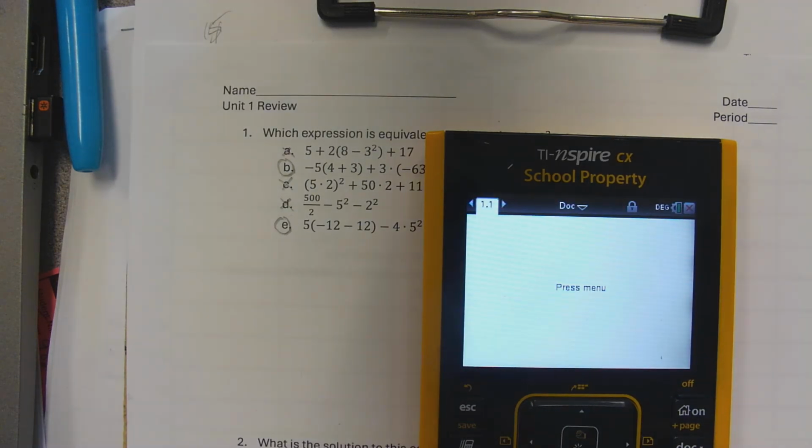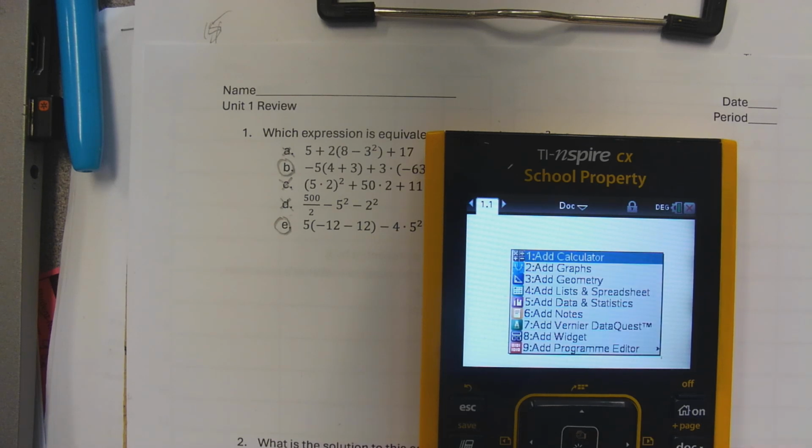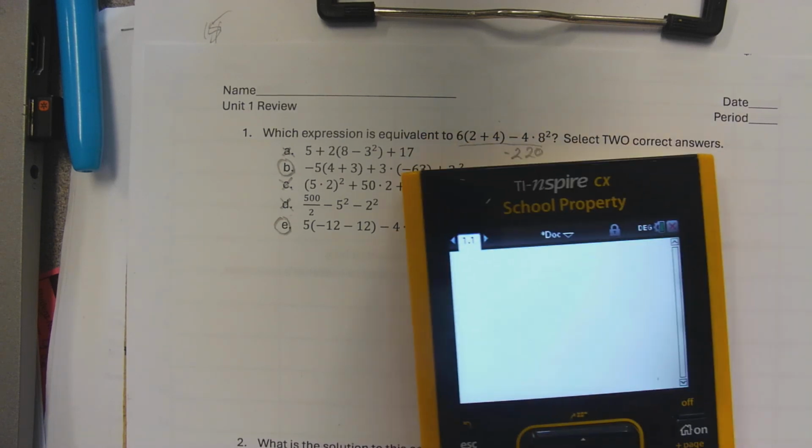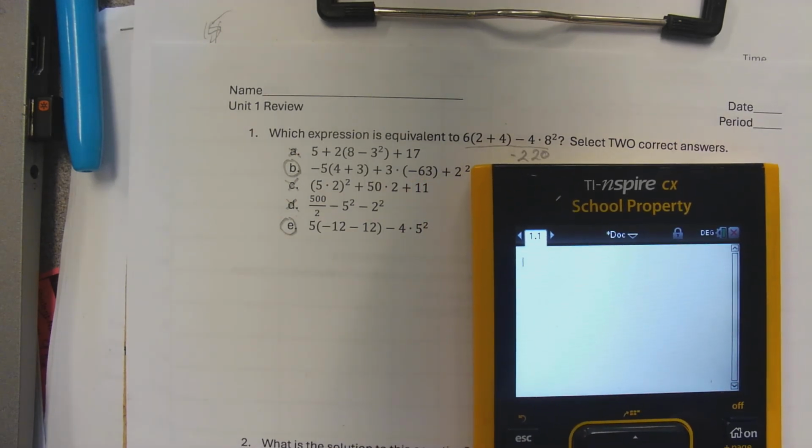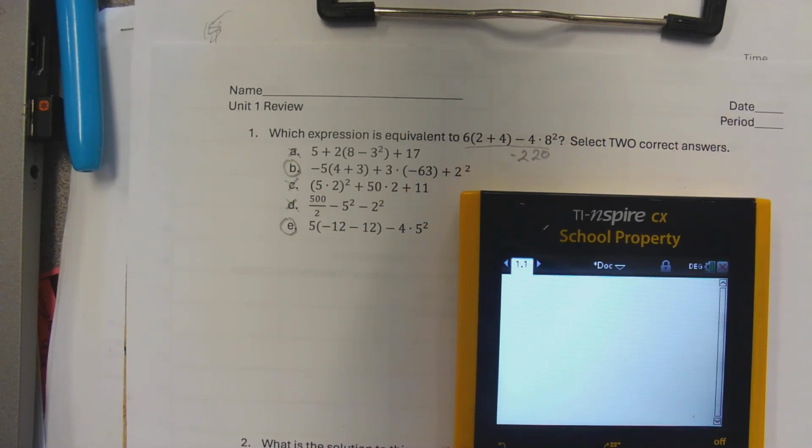Now, as a bit of a time saver, you can use the calculator. Just make sure you enter the stuff correctly. So like if you're going to enter that first one, 6 parentheses 2 plus 4 parentheses minus 4 times 8 squared, negative 220.